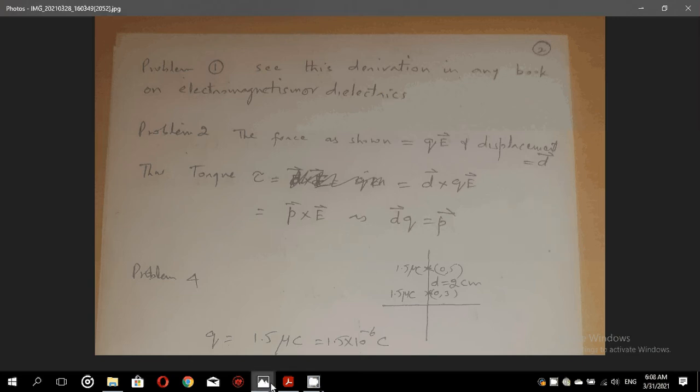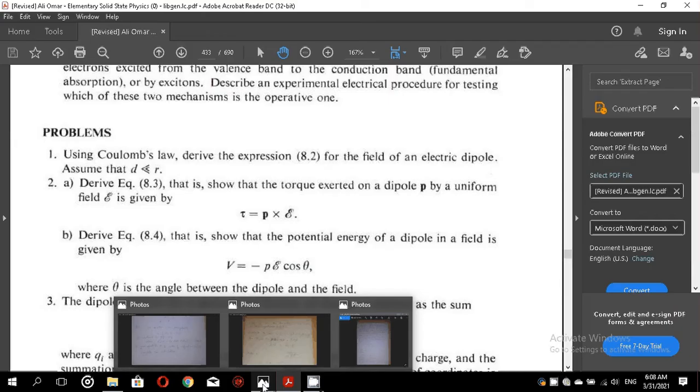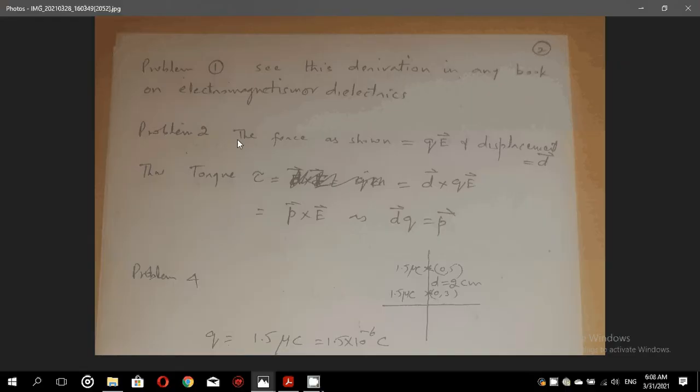Now for problem number 2: derive equation 8.3, that is, show that the torque exerted on a dipole p by a uniform field E is given by torque equal to p cross E. I have again given you the hints on the same page, page number 2.